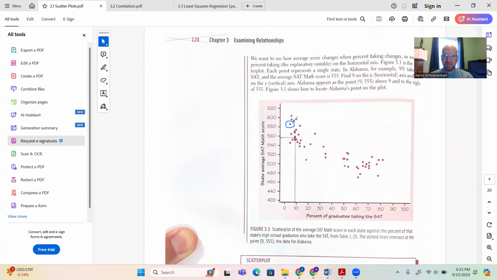I don't know which one of these is Wisconsin, but it's going to be somewhere over here in this range, somewhere in this bubble. Only students trying to get either elite scholarships or good enough students that they were willing to spend the money to go to the East Coast or the West Coast to go to an elite college were taking the SAT.